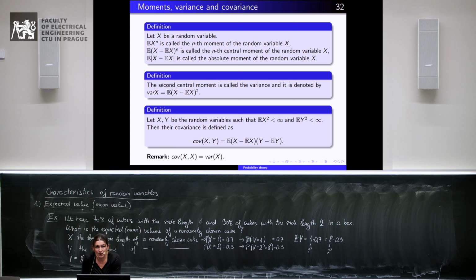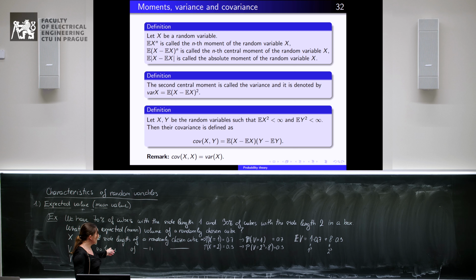So before I define the variance, I will mention some definitions. The definition I'm talking about is the definition of the moments of random variables. When we talk about the nth moment of a random variable, we mean the expected value of x powered by n.